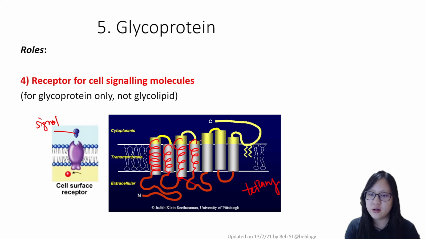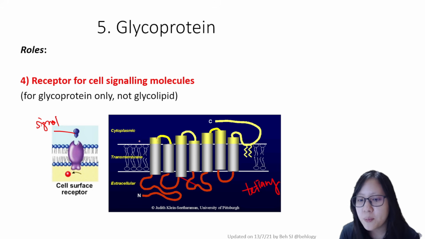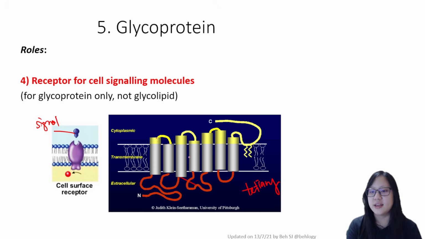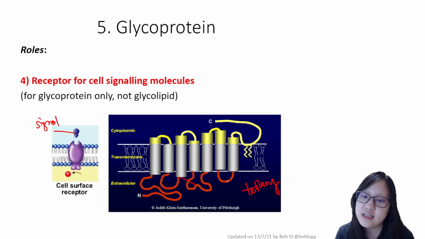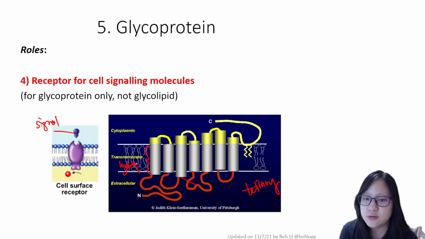Instead of drawing the coils, they draw it as barrels. We can see here how it's colored differently: this yellow part, this orange part, and there's a gray part. That's because these different colored regions have slightly different properties. This gray region right here has hydrophobic regions. Why?